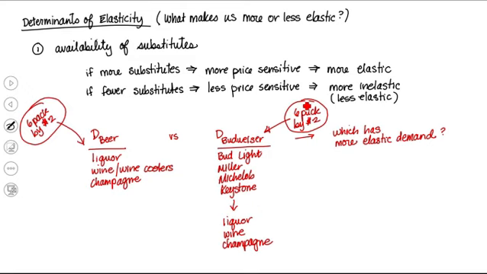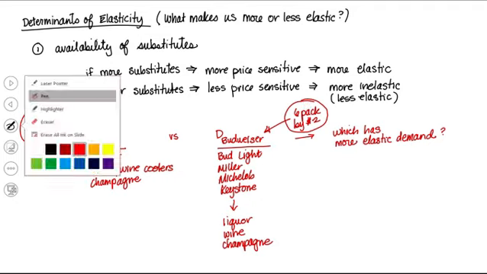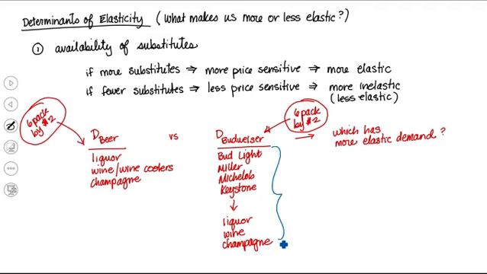So where are we going to see a bigger response: in the demand for beer or the demand for Budweiser? In the demand for Budweiser, right? Good. So we would say that the demand is more elastic. What's the reason?